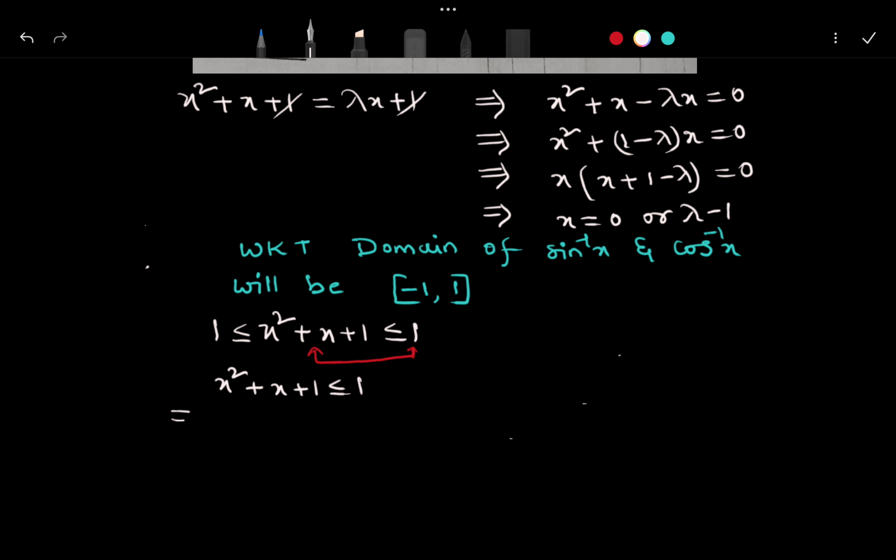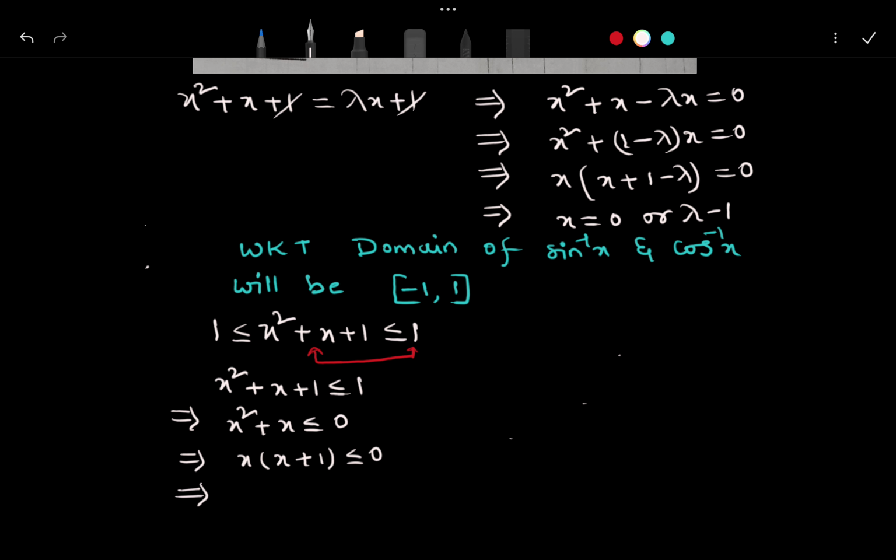From this, x square plus x less than or equal to 0, so x into (x plus 1) less than or equal to 0. Here x is equal to 0.